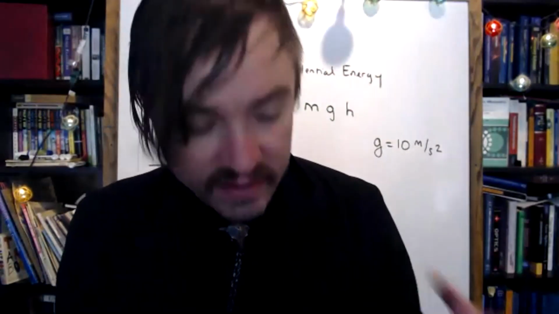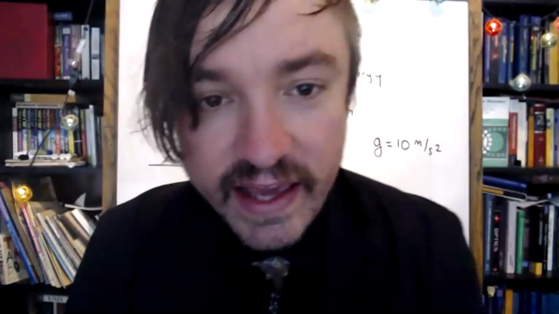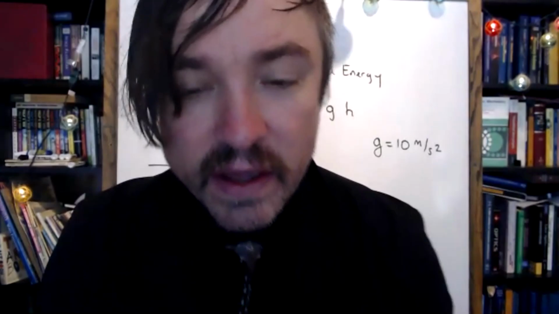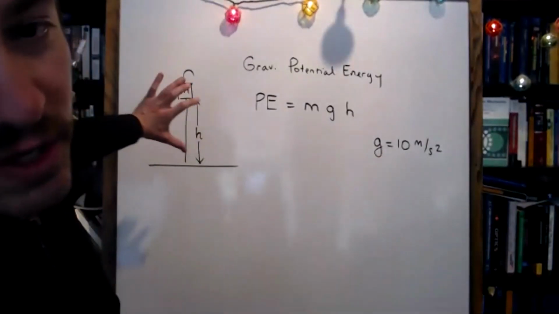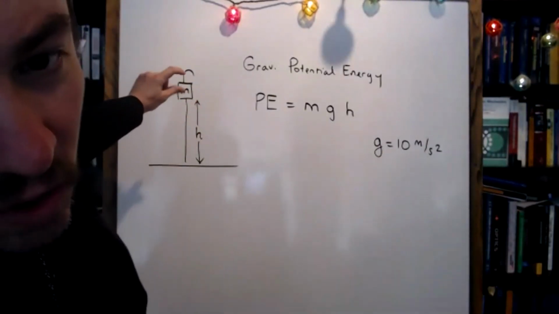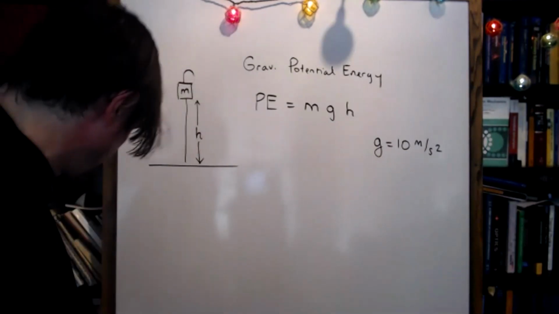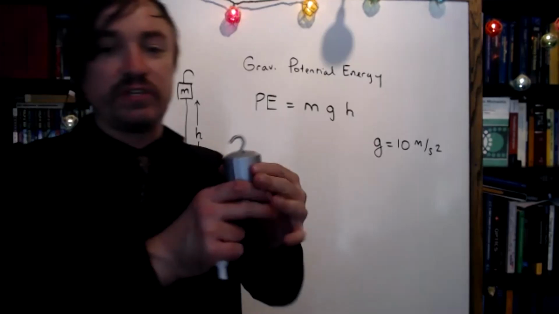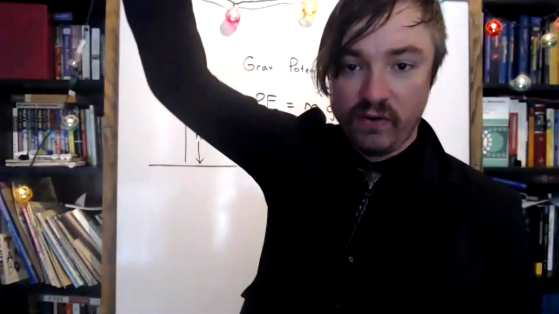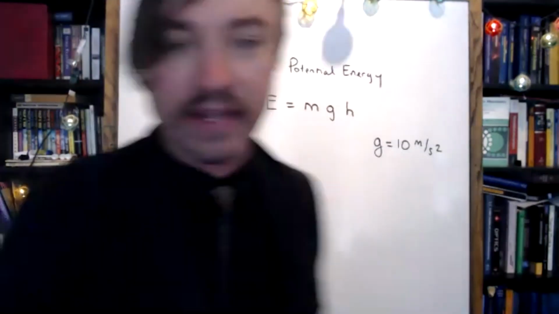We have to account for the fact that different planets, asteroids and moons have different g forces associated with them. But if we stick to Earth, we're storing energy by holding this mass suspended in the air against the will of gravity. And at any point, we could choose to drop it and release that energy back to the Earth.